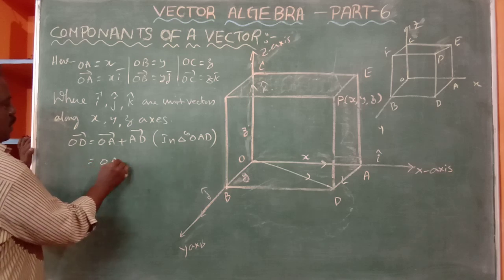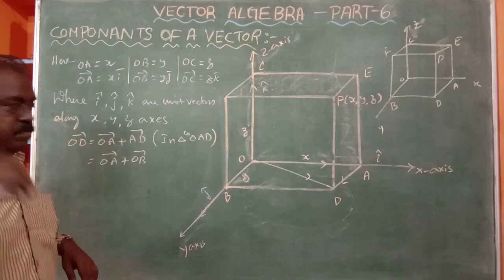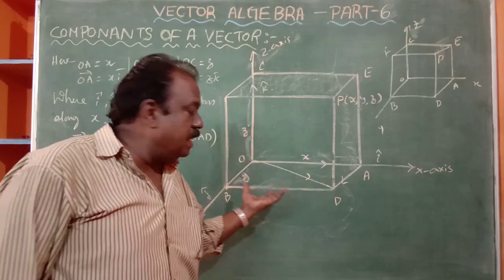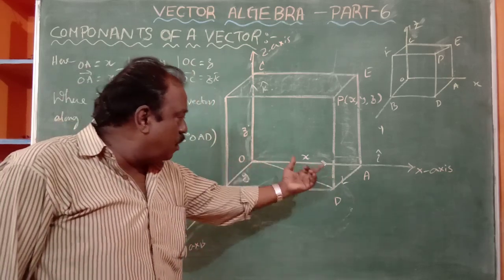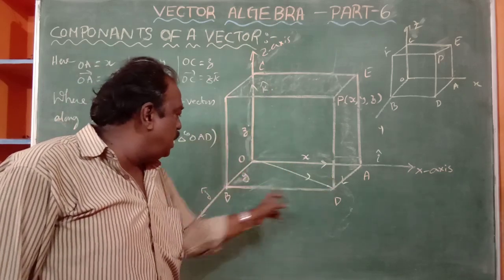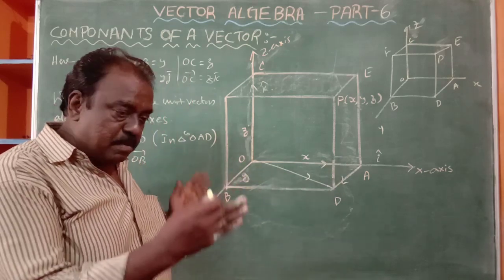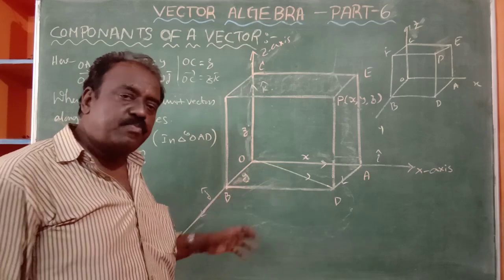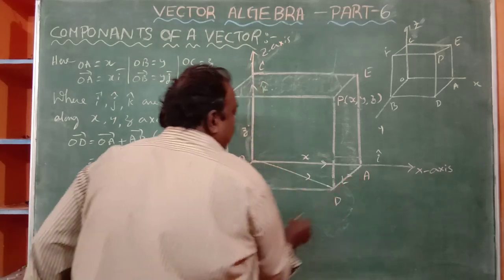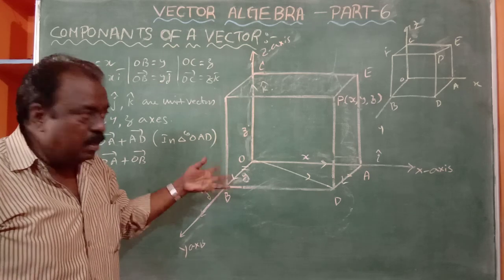Observe me. Here OADB is appearing as a parallelogram, but actually this is the base of this cuboid. In the box the base is a rectangle. In a parallelogram or rectangle, the opposite sides are equal and parallel. So AD bar is nothing but OB bar, equal vector.